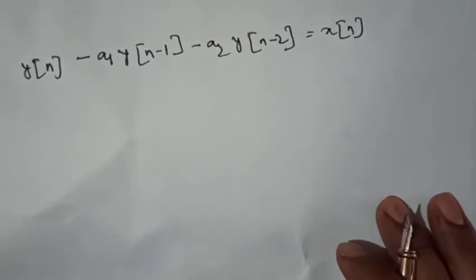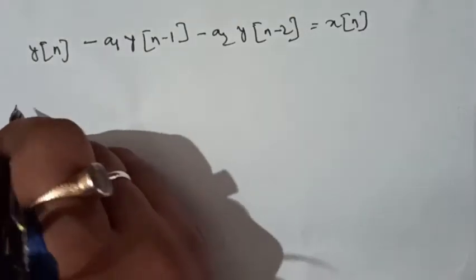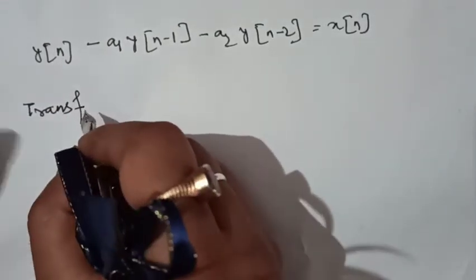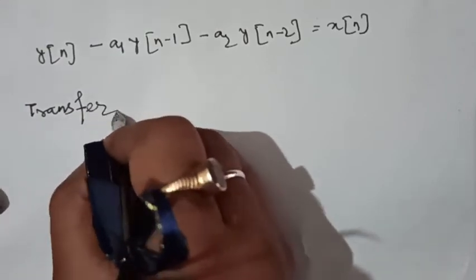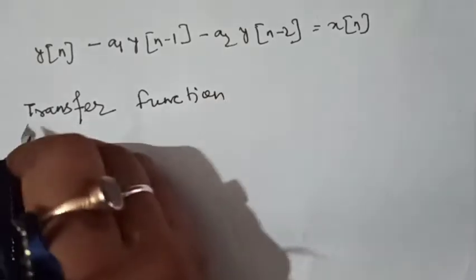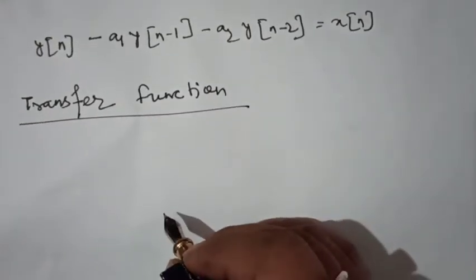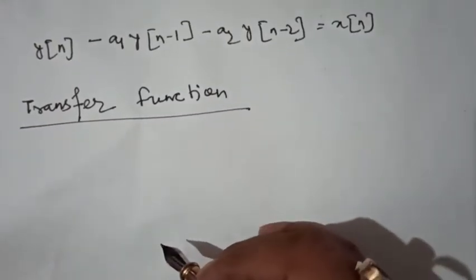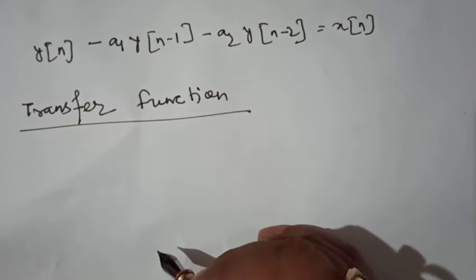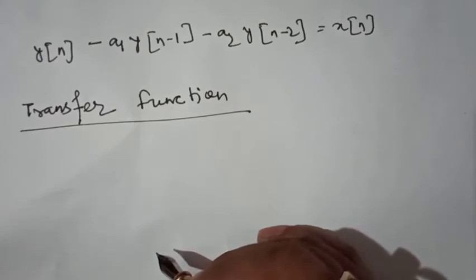Next is the transfer function. Already I talked about the transfer function from the DTFT, that is from the frequency response. This h of e to the power j omega, which is y of e to the power j omega divided by x of e to the power j omega, is the transfer function, and it is nothing but the Fourier transform of the impulse response h of n.